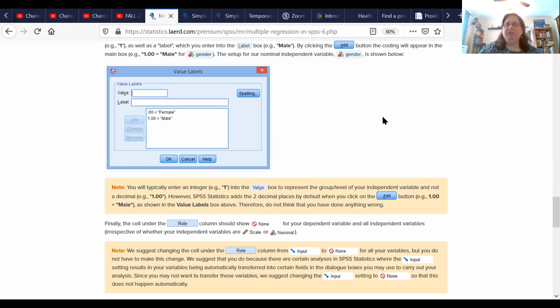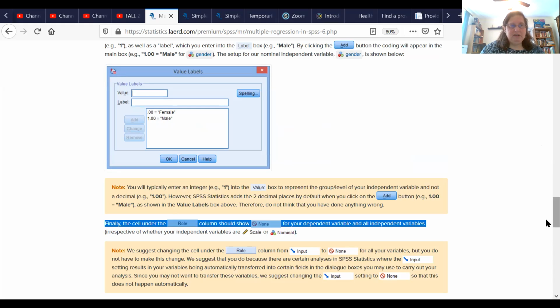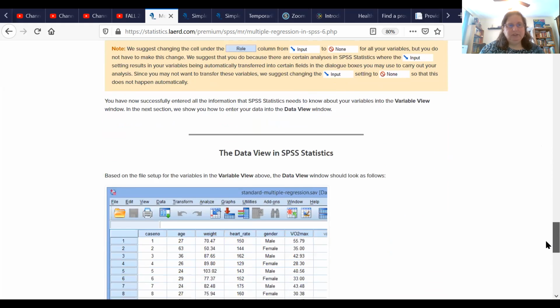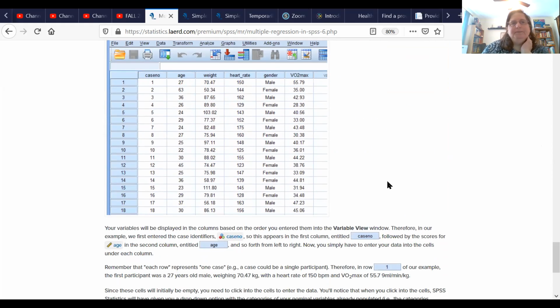Otherwise it's going to foul you up in the long run. All right, and here's our data view. They must have their toe tag on. That's how we're able to see male, female, as opposed to the 0, 1 that they entered.